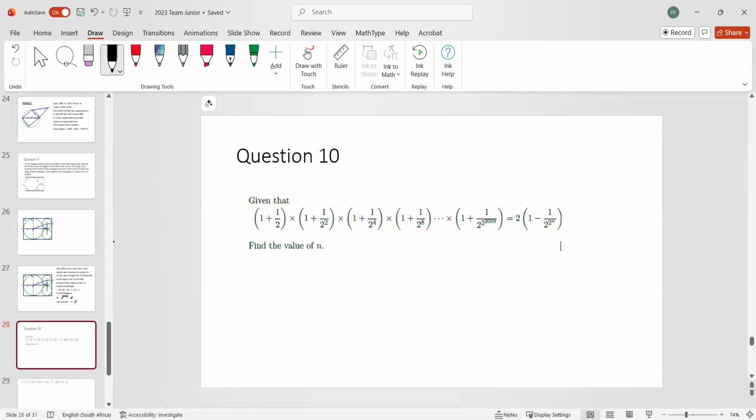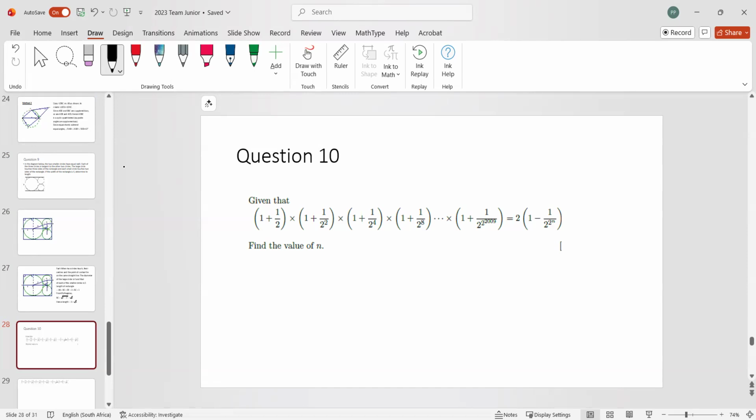Question 10. Okay, now we have an algebra problem. So what do you have here? You have 1 plus half, and you're multiplying it by 1 plus 1 over 2 squared, multiplying that. This is not 1 over 2 cubed, it's 1 over 2 to the power of 4.